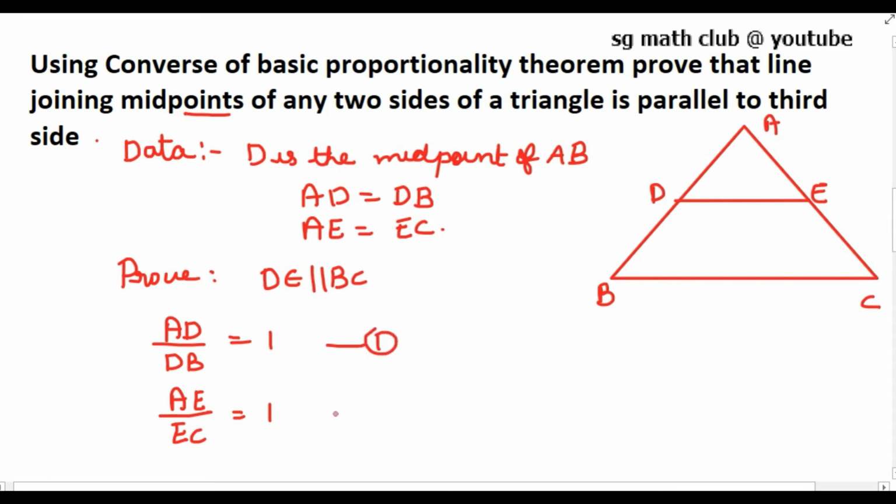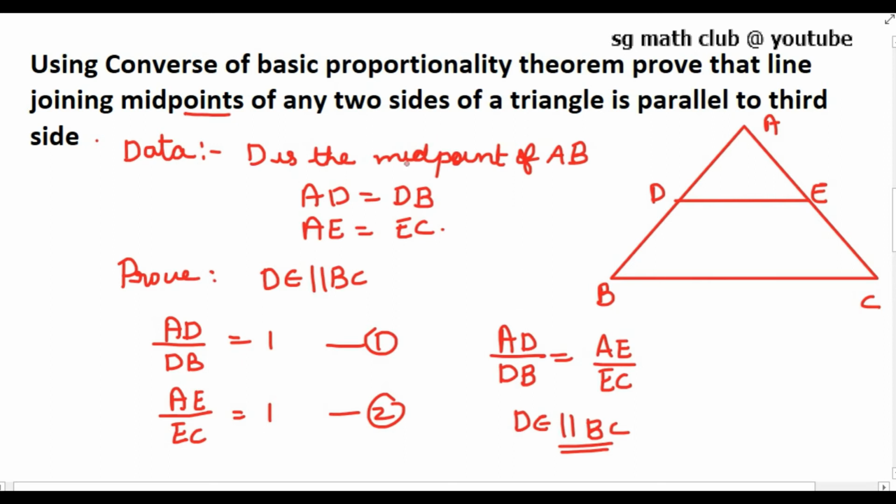Call these equation 1 and equation 2. From 1 and 2, the right side is equal, so the left side will also be equal: AD divided by DB equals AE divided by EC. So by the converse of the basic proportionality theorem, if the sides of the triangle are in proportion, then DE is parallel to BC.